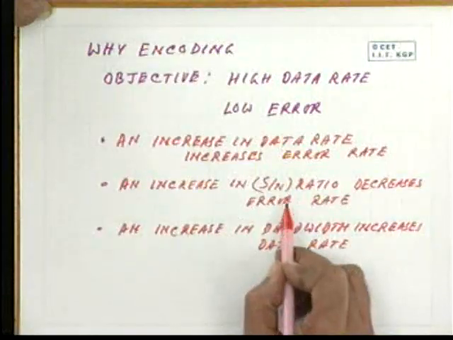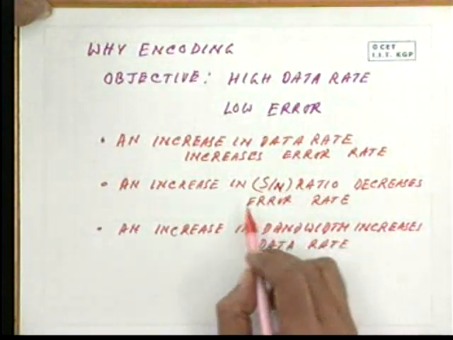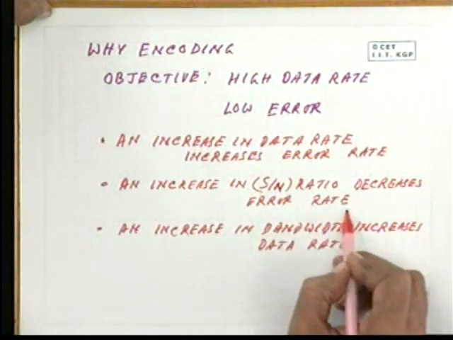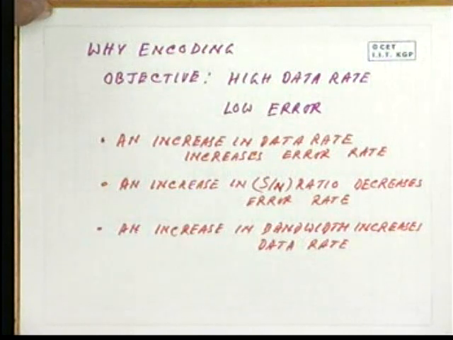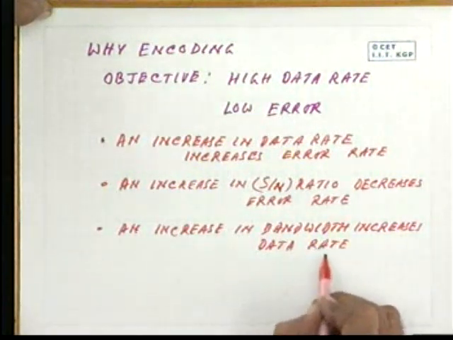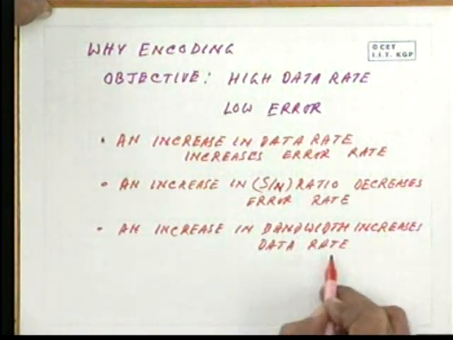So, our objective will be to transfer that data without an increase in error rate by a suitable encoding technique, and also to have a low error rate for a given signal to noise ratio. Similarly, an increase in bandwidth increases data rate. That means the higher the bandwidth, the higher the data rate, but higher is the cost.